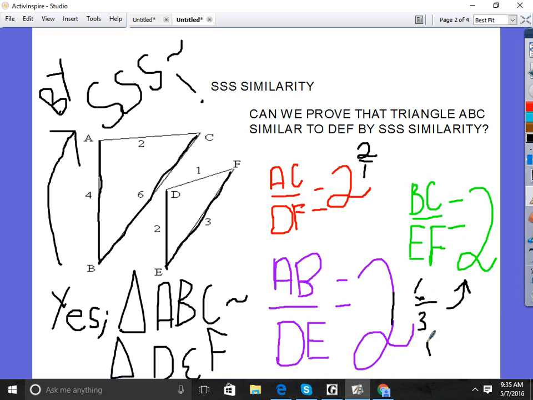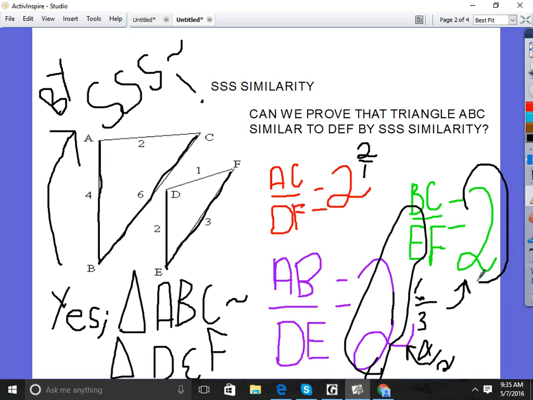So 4 over 2. That's equal to 2. So they all have the same scale factor ratio. So I said yes, triangle ABC is similar to DEF by SSS similarity, side-side-side.